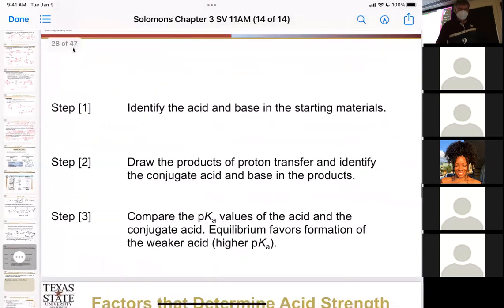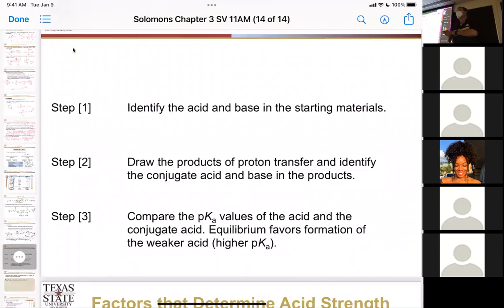Okay, let's continue on with this. How do we know which is going to be good, which is going to be bad? We just have to get our equation set up so that we have our acid and base identified on the reactant side, and then we have the conjugate acid and the conjugate base defined on our product side.